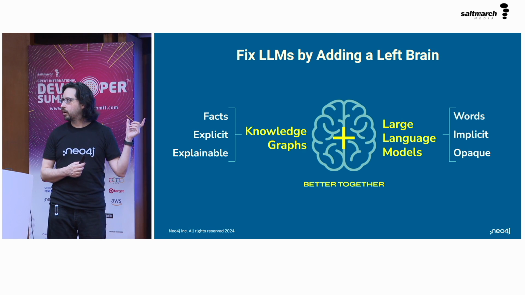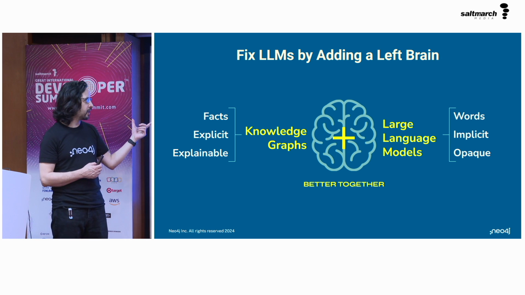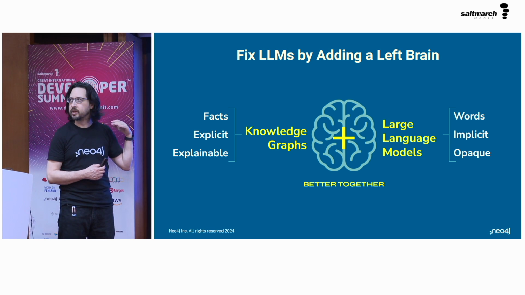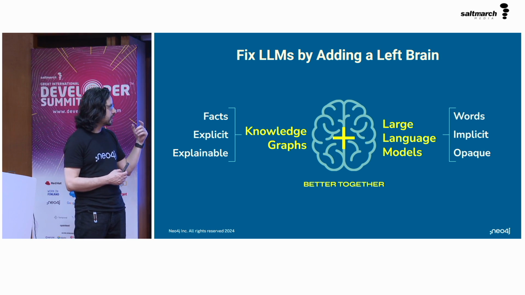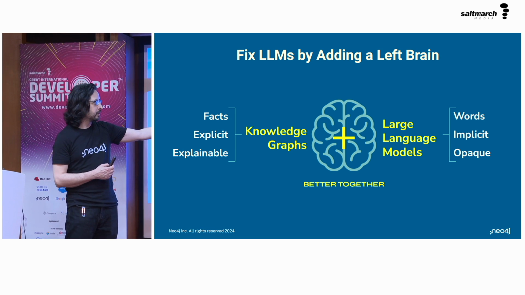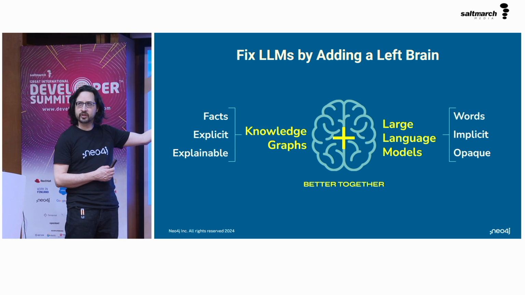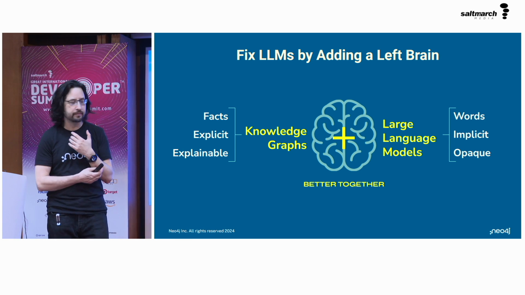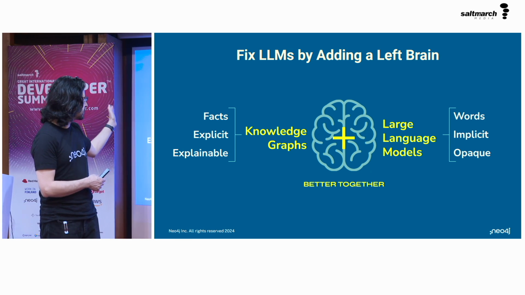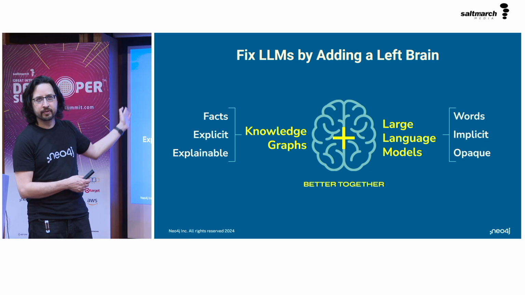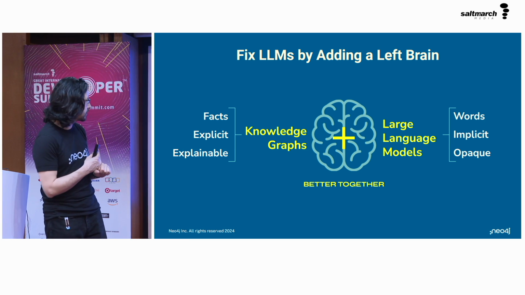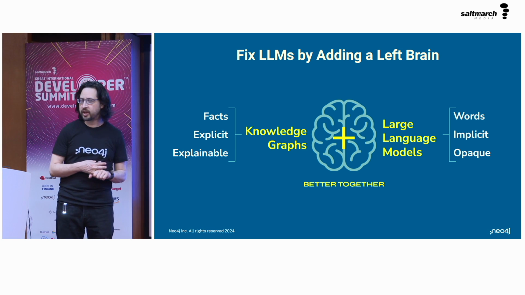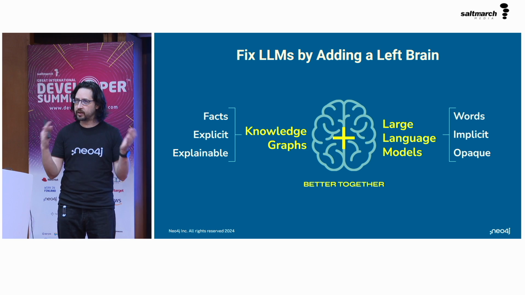Okay, so one way in which we can augment the LLMs and improve this gap is by taking your LLM, which is good at producing words but is kind of opaque, you can't see inside the model, and combining it with a knowledge graph where you're providing the facts. You have a very explainable view of the data.